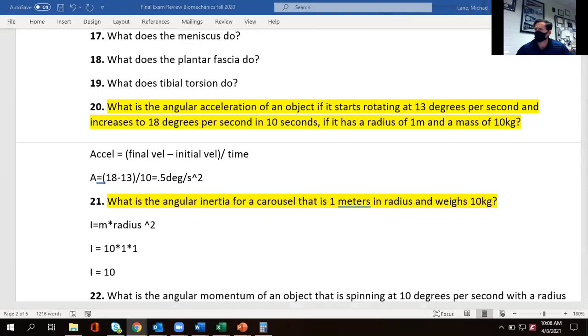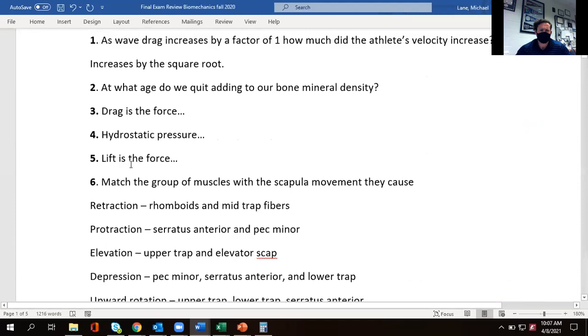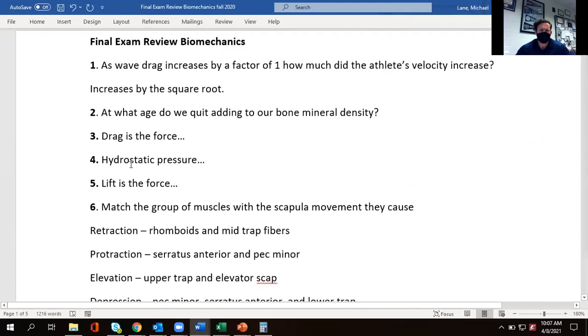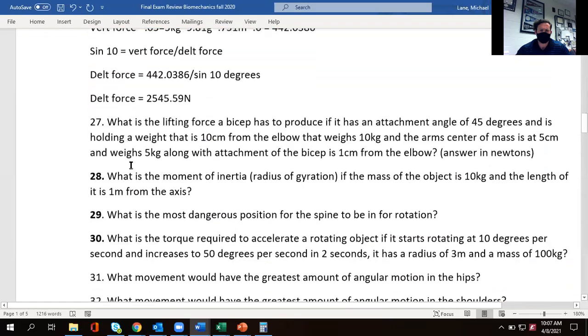Any other questions you guys have right now that you'd like me to go ahead and work through? I think it's actually one of the questions on the review.